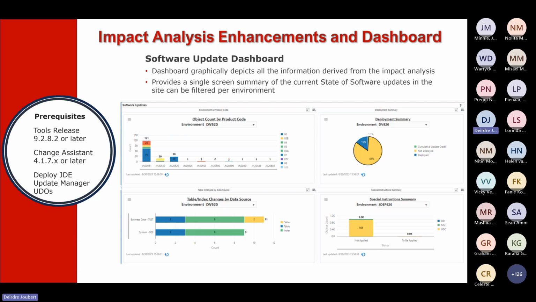Okay, so the dashboard itself graphically depicts all the information that's derived from the impact analysis. All those views, that data that was outputted on the grid for us, has a graphical representation, which is an easier way to view and toggle around to see all that data represented in a graph.